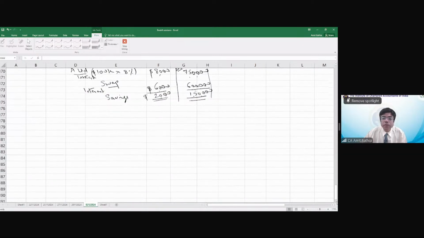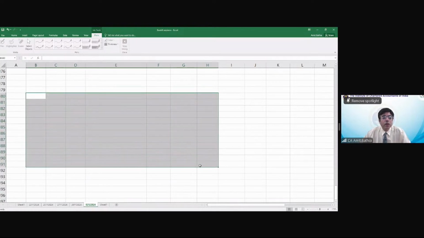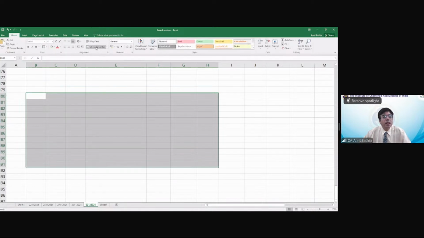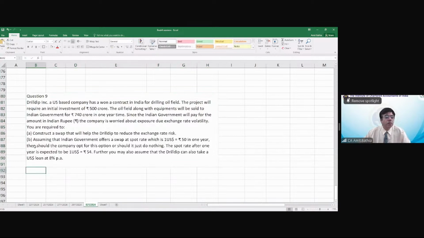Now, in question number 9, I should not be having any challenges with the alignment part, so that is the reason I'm again taking it over here. Is this visible to everyone?